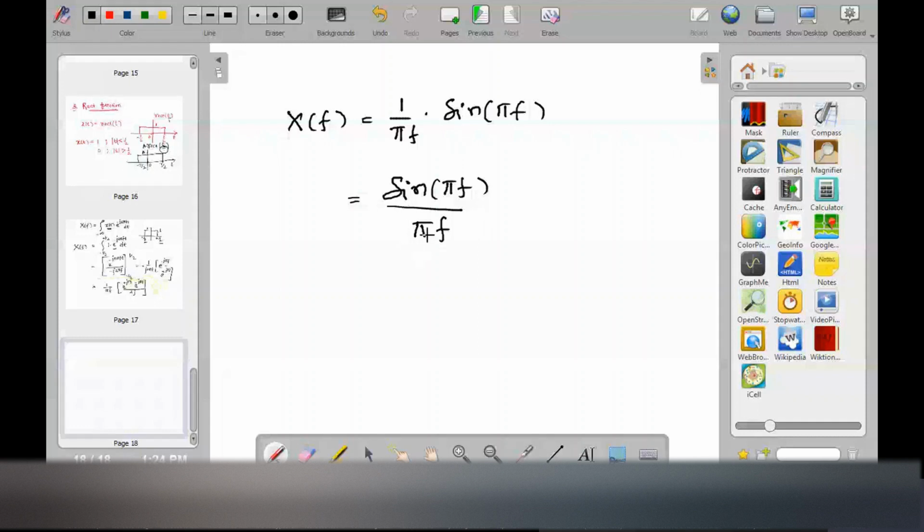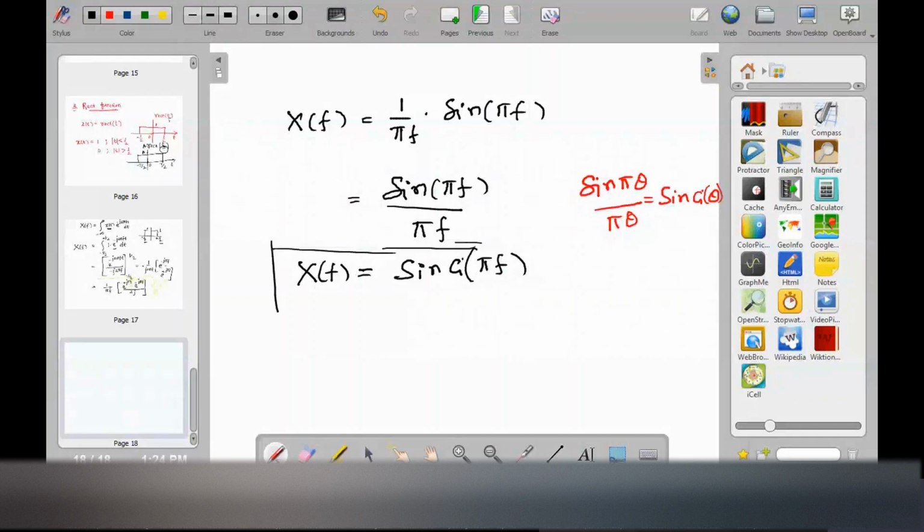There is a formula called sine pi theta divided by pi theta. What is this function called? Sinc function. Very good. So x of f equals sinc of f.